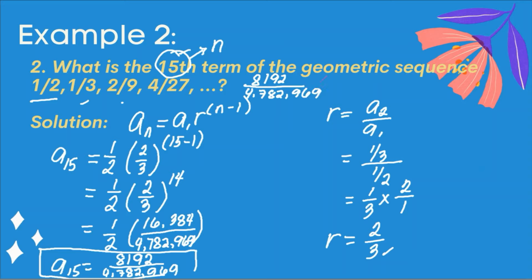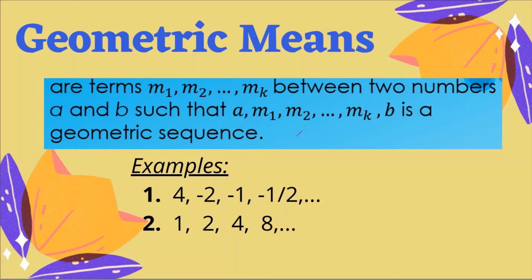Geometric means. If you can remember, with arithmetic sequence, we also had arithmetic means. For geometric means, it's just the same. Those are numbers in between two non-consecutive numbers of a geometric sequence, just like arithmetic means.